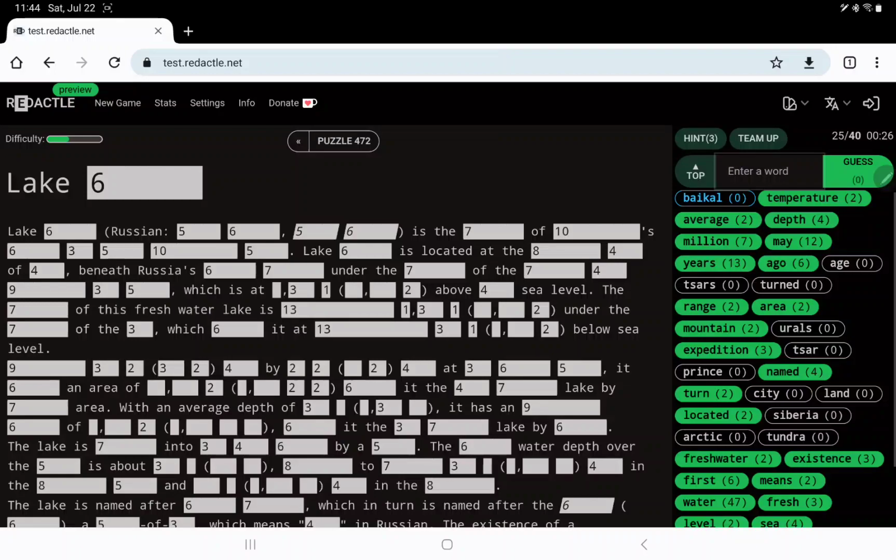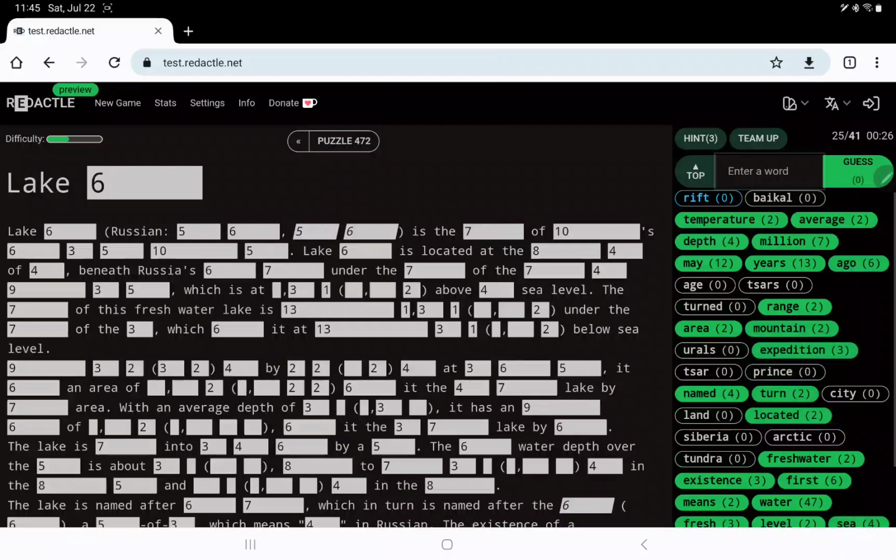Well, I did spell Baikal correctly, so obviously it is not correct, but I do see in the search results that that is something called a rift lake. I vaguely remember that from geography many years ago, but obviously the one we're looking for here is not a rift lake.